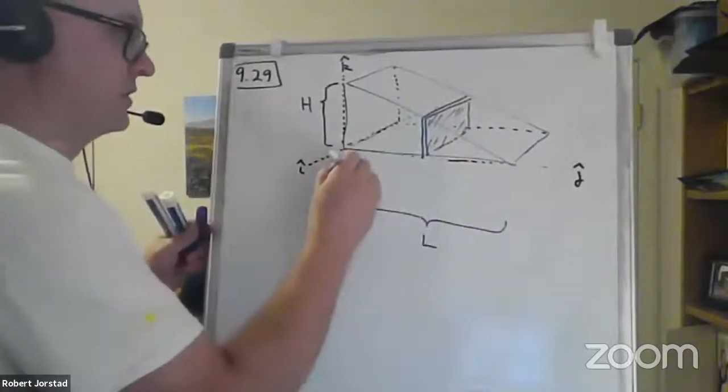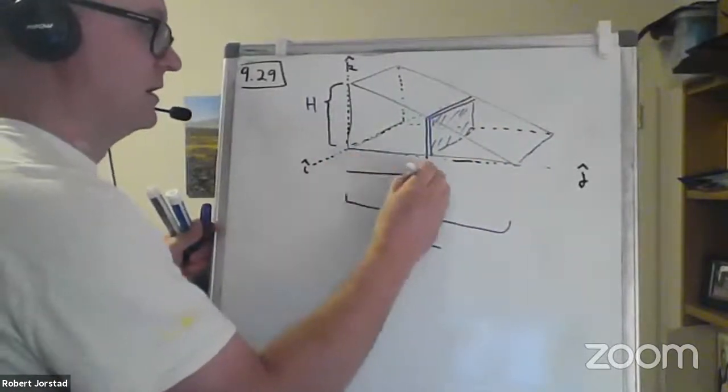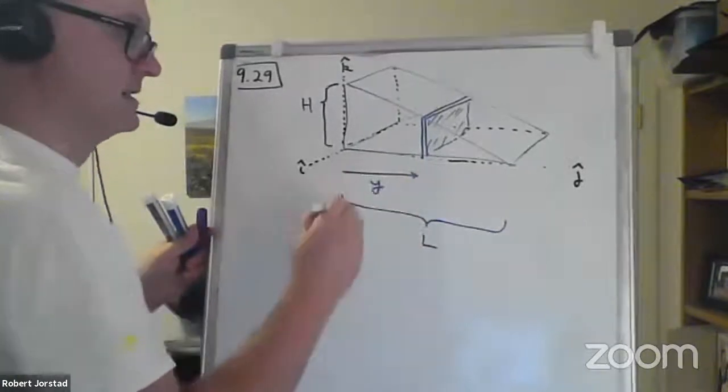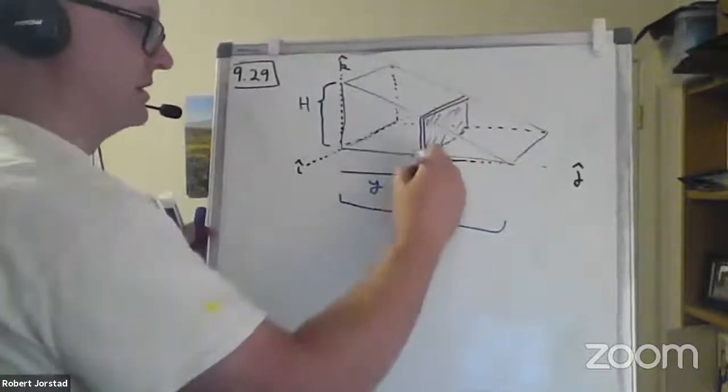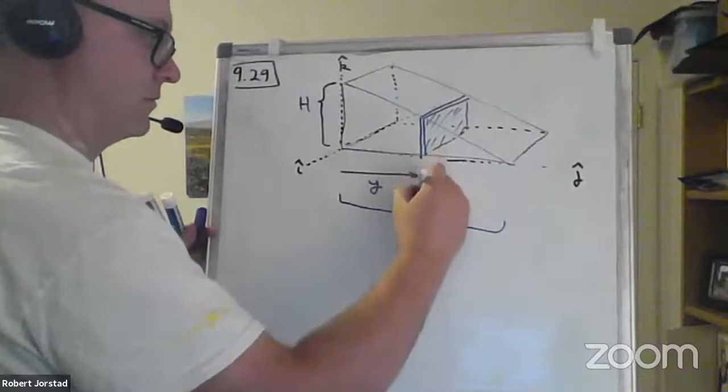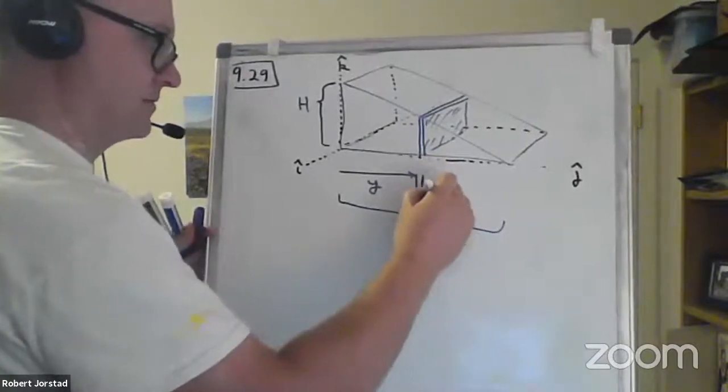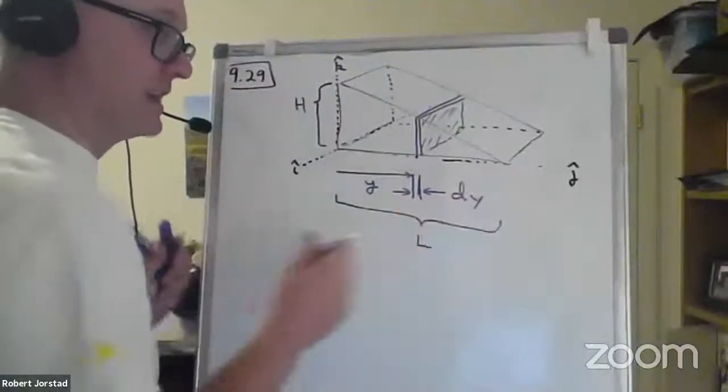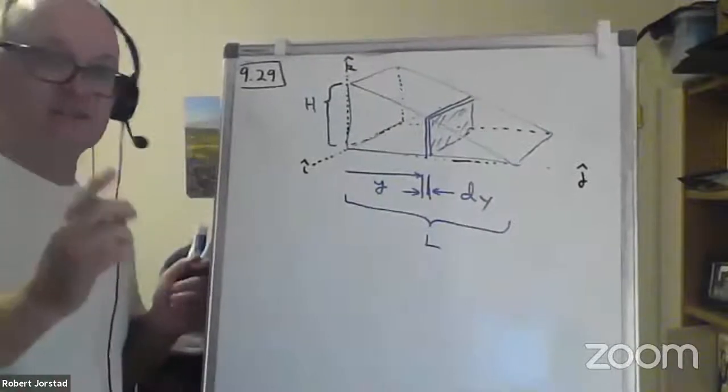Okay. We're told that this distance right here is y. And this thickness here, what's a good name for that thickness? dy. Now, normally you would think it's dx, right? But look what I did to you on this problem.